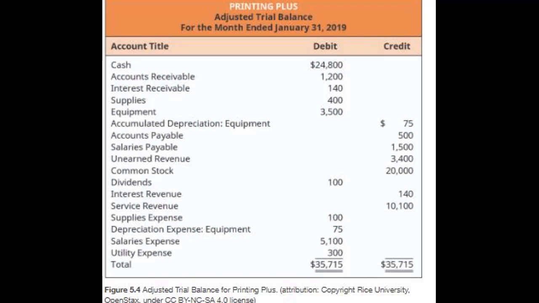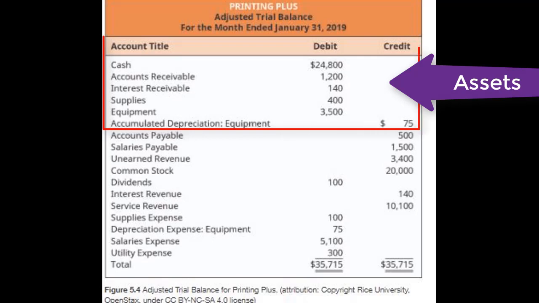And as you can see, we begin this figure by listing the assets, everything from cash through equipment and the decline in the value of the equipment because we've been using it, which is the accumulated depreciation.